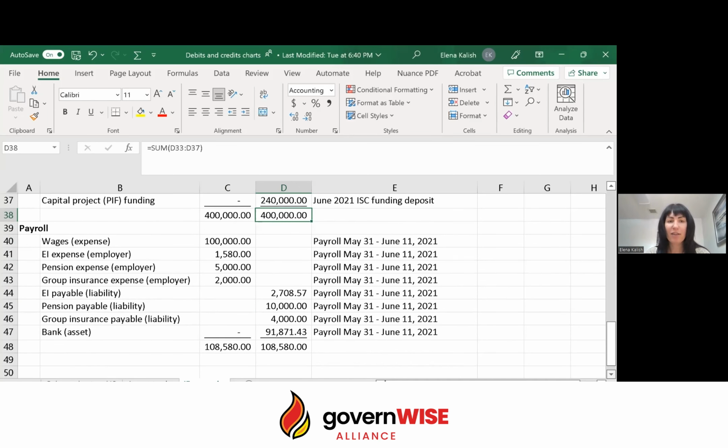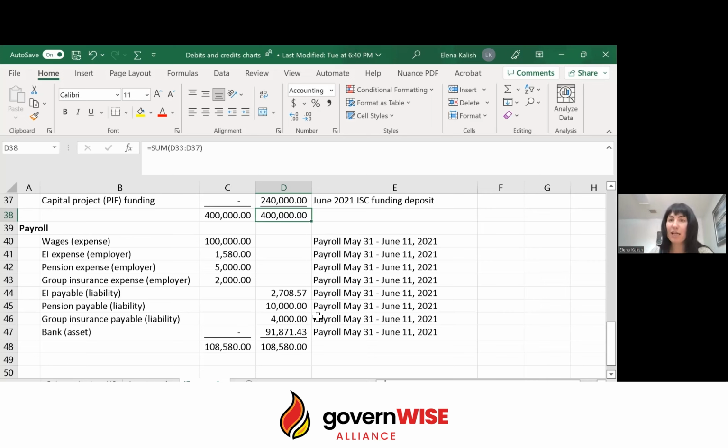Okay, and finally, the last one here. This one is more complicated, so that's a payroll journal entry. All the wages we pay our employees, they're an expense, right? That's money going out of our business or organization for our operations. But now the other side of it is some money is going out of the bank, but some money is put into payroll liabilities.